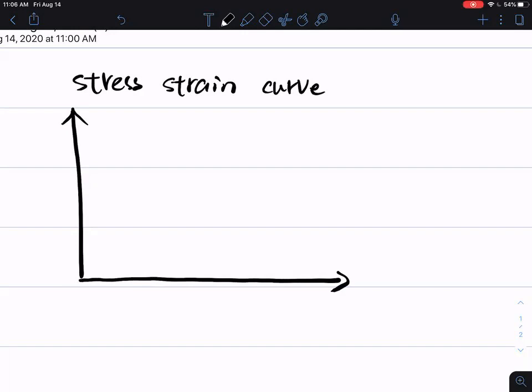On the y-axis, we have stress. We use the symbol sigma. On the x-axis, we have strain, and we use the symbol epsilon. Am I saying this right? It's called epsilon.